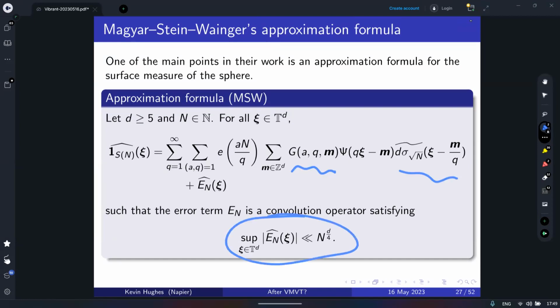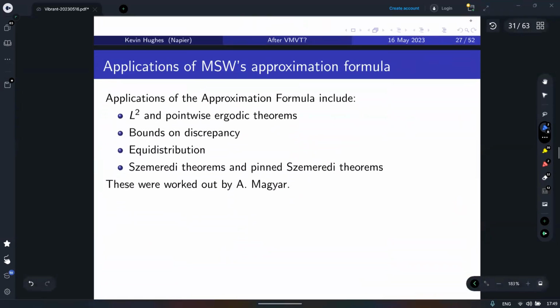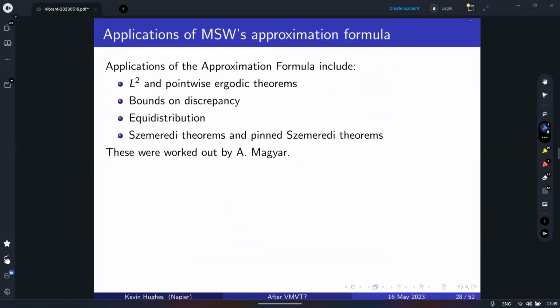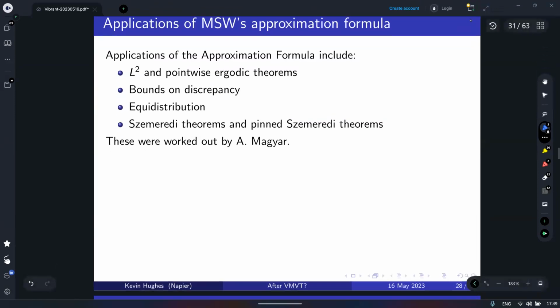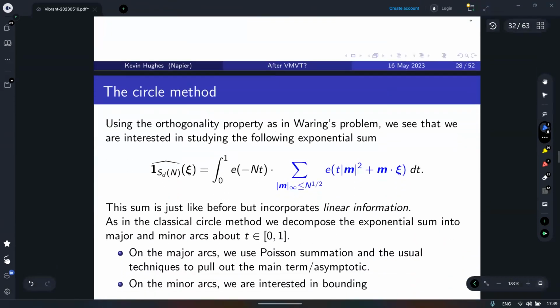I've sort of suppressed the error term in the asymptotic, and this you really have to come to grips with in some way. The work with other people was refining that Fourier transform measure, and then standard techniques allowed us to go from there to other places. But this approximation formula really generalizes what happens in the circle method, and it has a lot of applications that were largely worked out by Ákos Magyar.